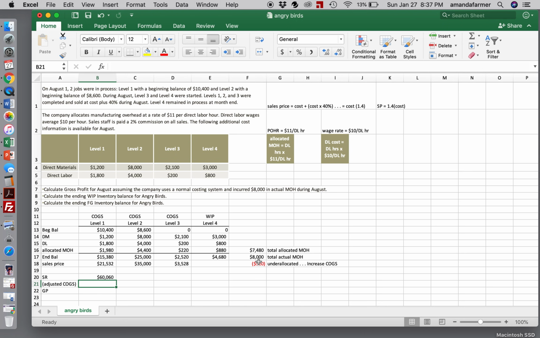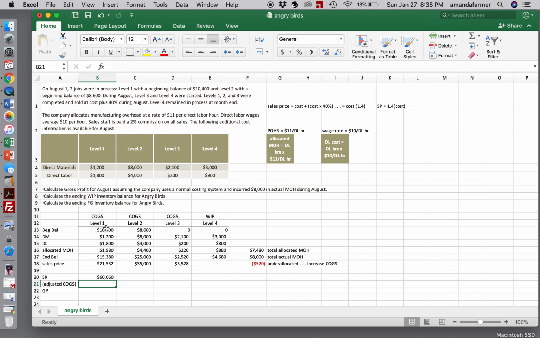But remember, the reason we're using normal costing is so that we can bill when we want to. So let's just assume that job 1 was finished on, let's say, August the 3rd. Maybe I wanted to bill it on August the 3rd and not wait till August 31st. If that was the case, I wouldn't have known the under allocated amount. I wouldn't have been able to prorate it back to all of these jobs.